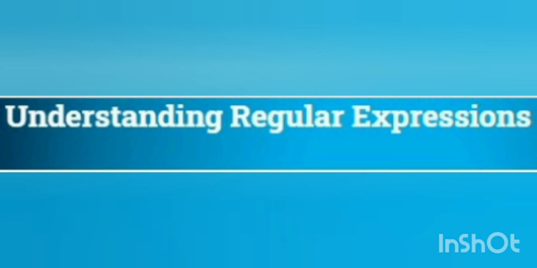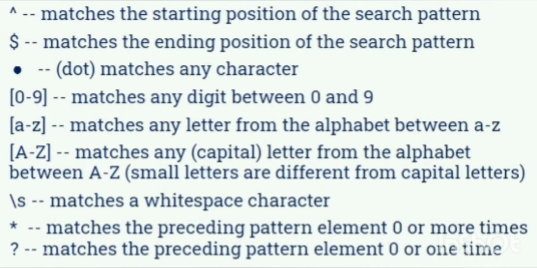So, students, now let us understand more about regular expressions. You can see some examples of special characters on your screen. The first sign is circumflex, which matches the starting position of the search pattern. The second sign is dollar, which matches the ending position of the search pattern.